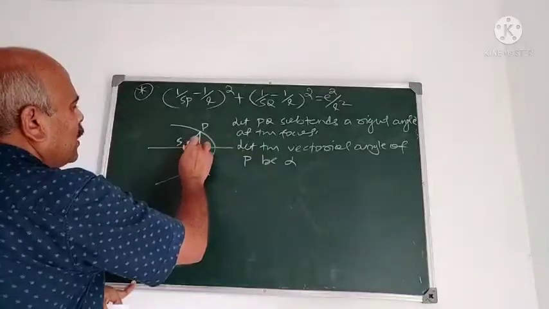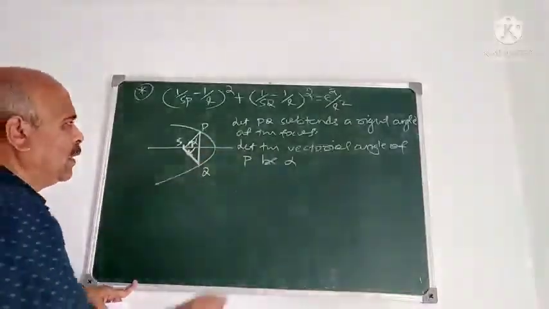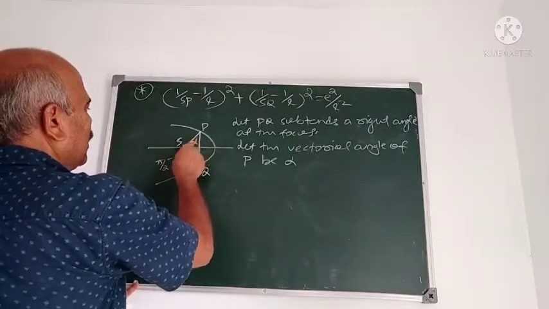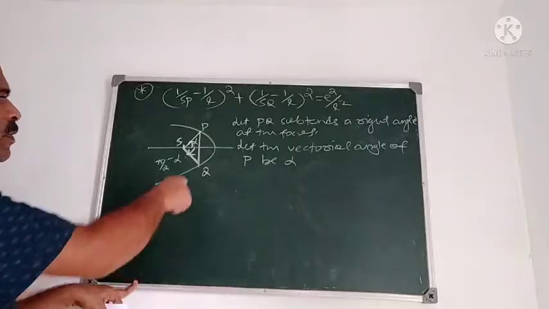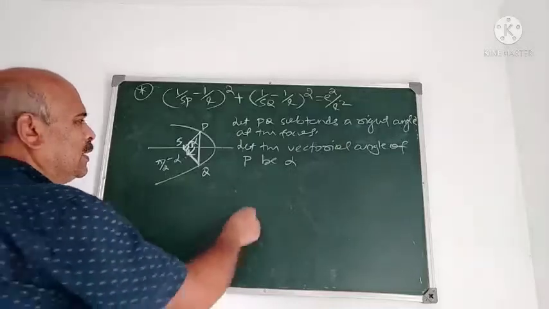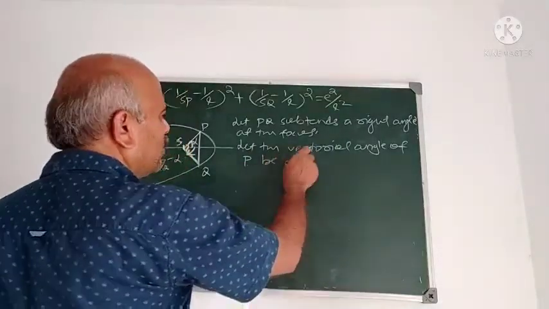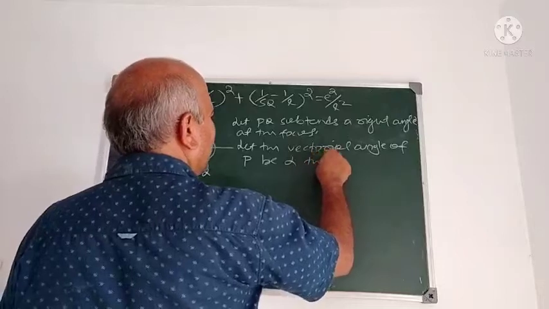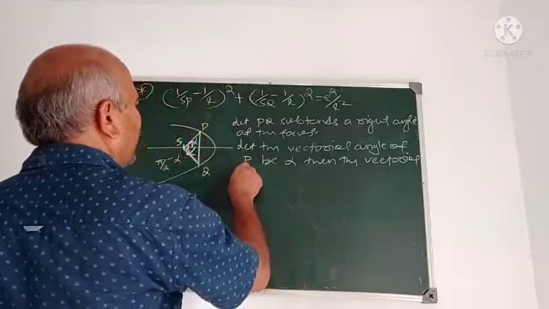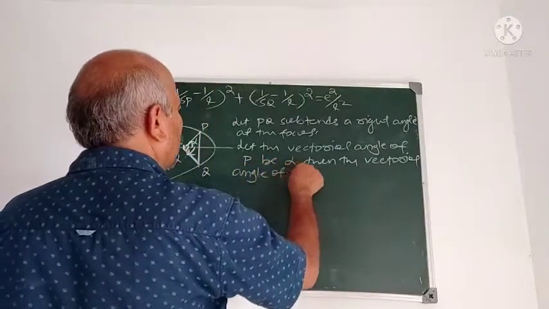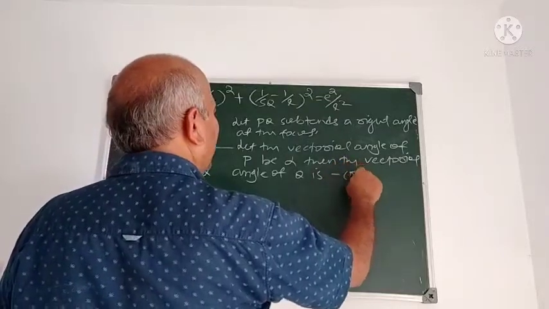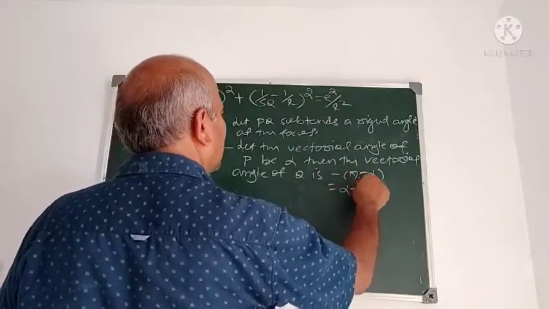But what is the quantity? What is the amount of this angle? The amount of this angle is pi by 2 minus alpha, because this is alpha and this angle is 90 degrees. But it is negative. So if the vectorial angle of P be alpha, then the vectorial angle of Q is minus of pi by 2 minus alpha, or alpha minus pi by 2.